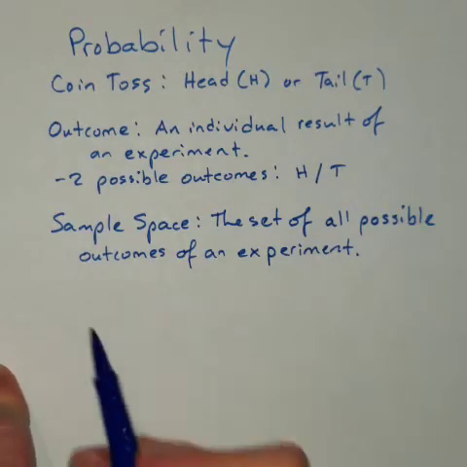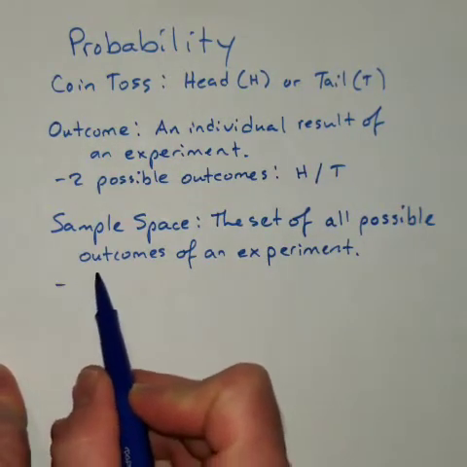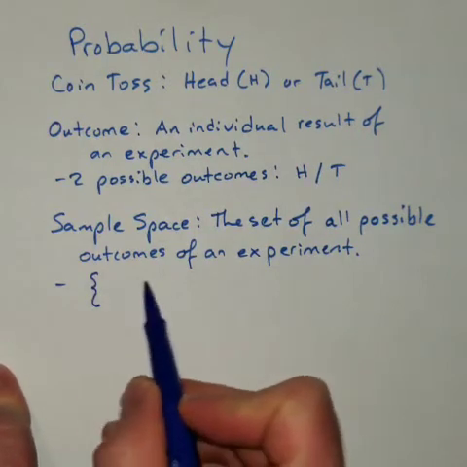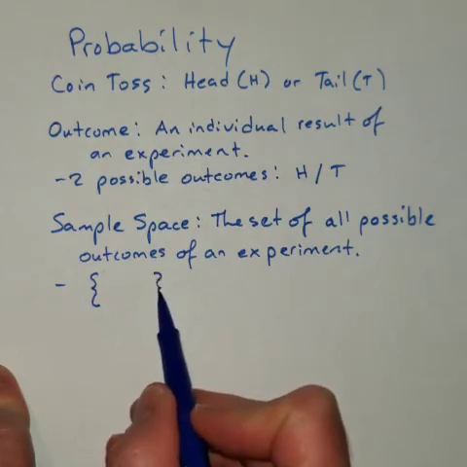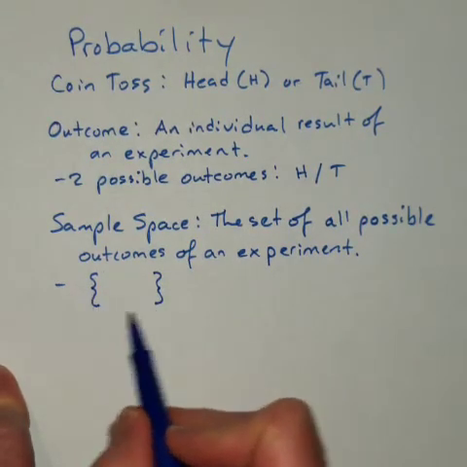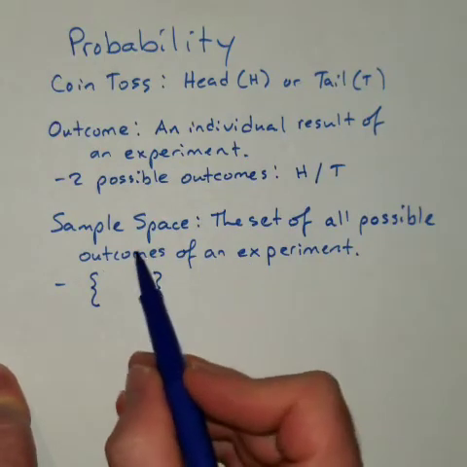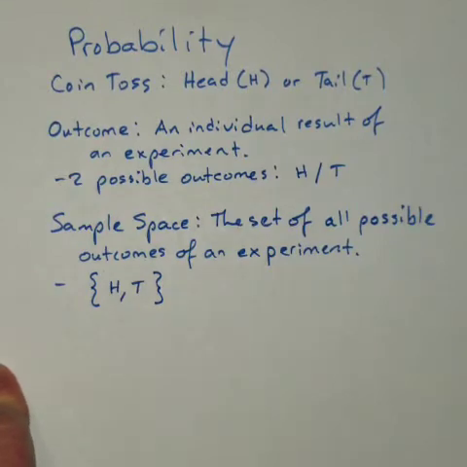Now with a set, we typically use a notation with these braces on either side. Okay, so a set of numbers or a set of events would be contained in this sort of notation. In our case, the heads and the tails are the two things that go in there. Okay, so this would be the sample space. This is all the possible outcomes of a coin toss.